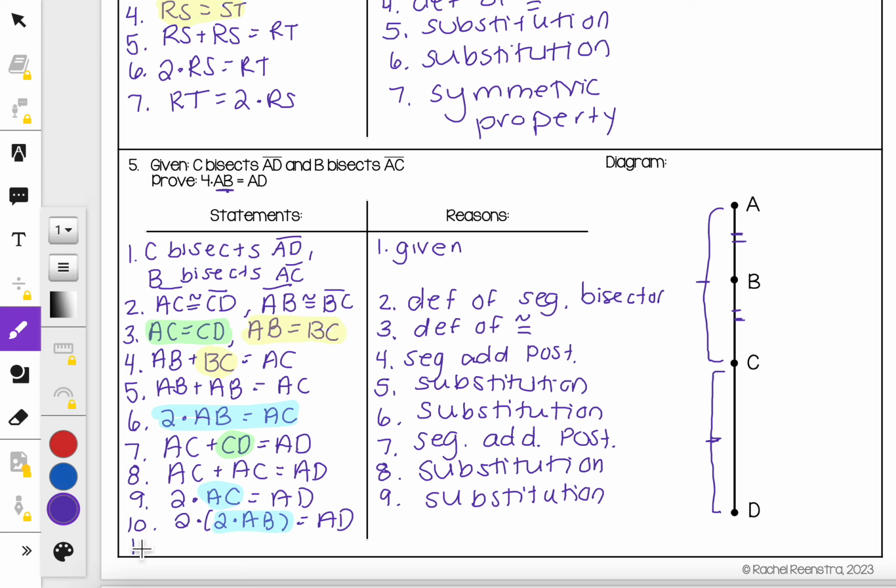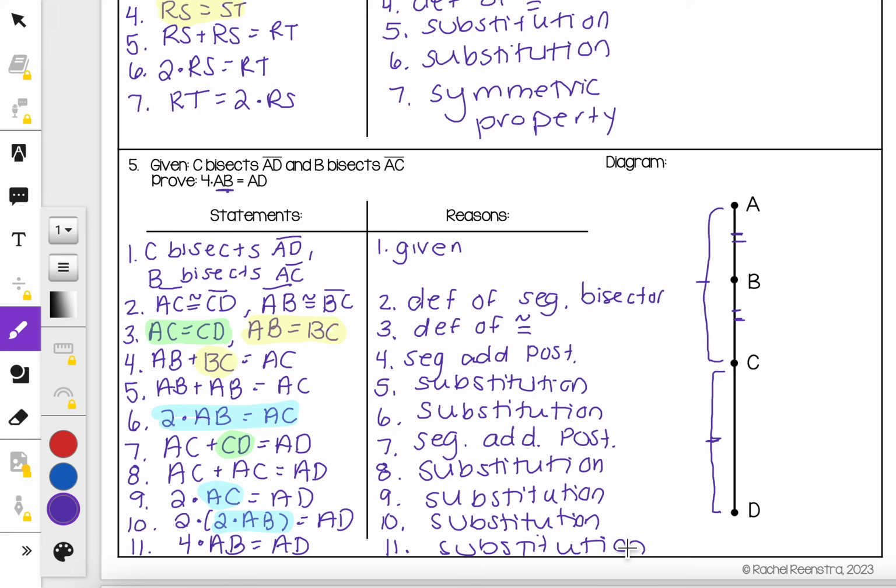And in my last step here, 4AB equals AD. So this was substitution. And then we have substitution again. There's a couple different ways that you could have done the segment addition postulate and substitution to do this proof. This is just one of those ways.